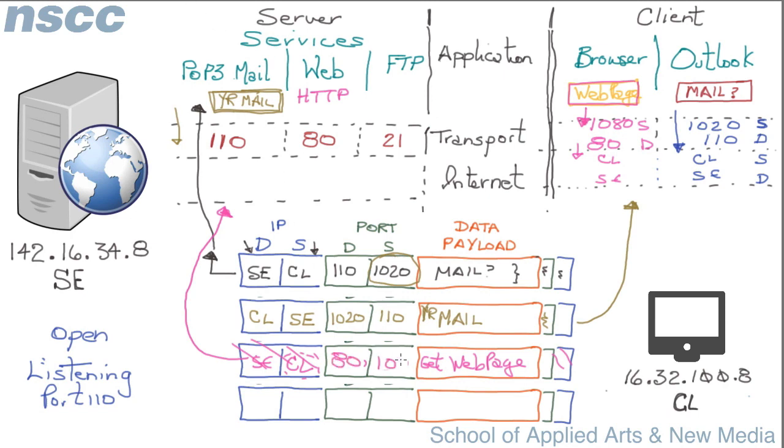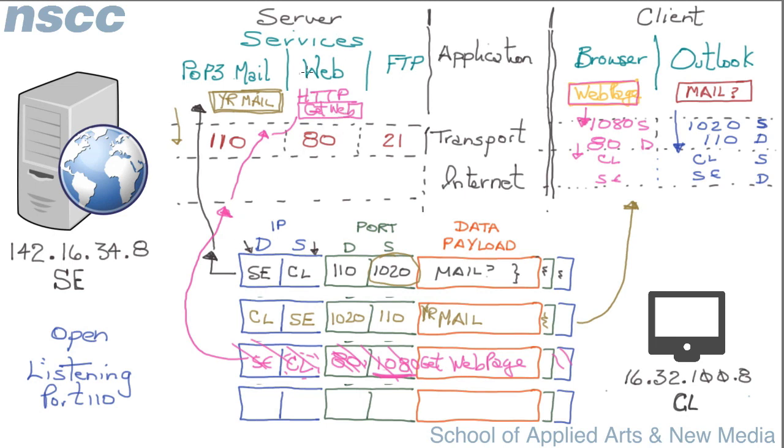My source port was 1080. So when it looks at the destination port, it knows that the web application has registered port 80, and so it knows not to send it to the POP3 mail or an FTP, but to strip off this information. It does keep track of the source port, and sends the data payload up to the web application, which gets the web page.